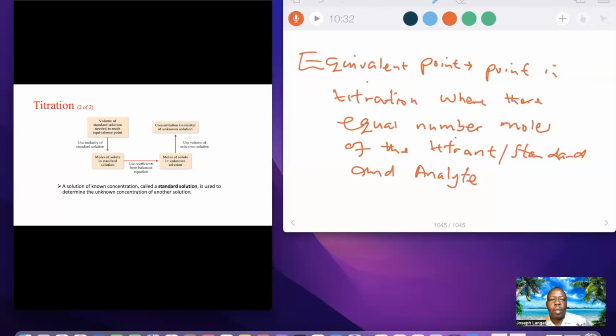At this point, there is the color change of the solution signifying the equivalent point.